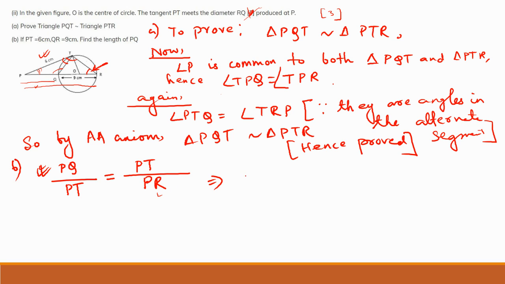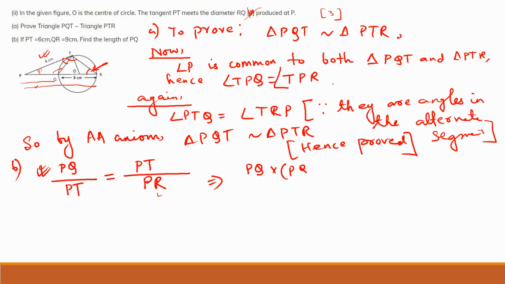So from here, what we get, PQ is there. Okay, PT is 6 square. Okay, so I will cross multiply times PR.